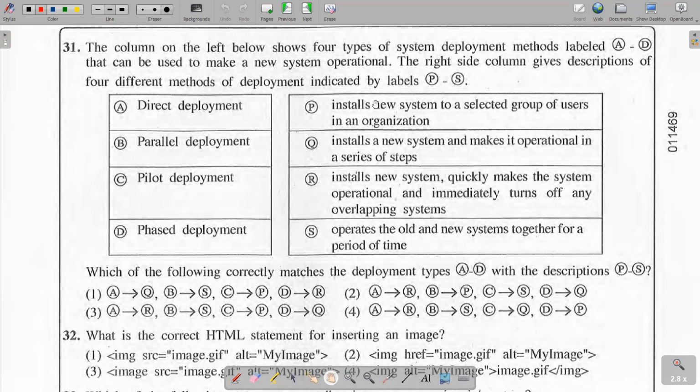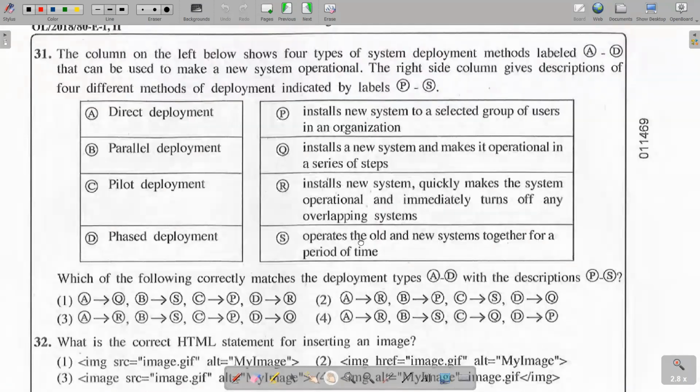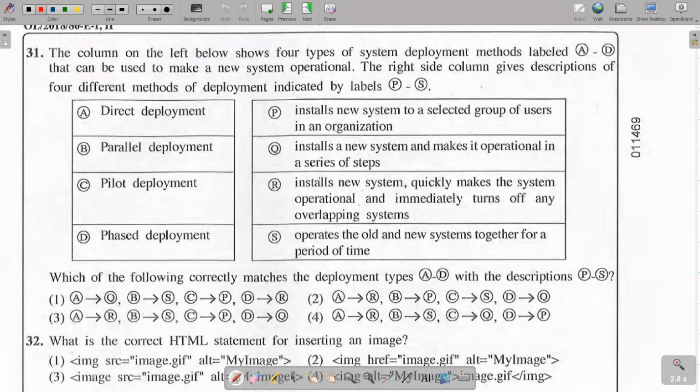Like if you think from the bottom, if it operates the old and new system together, that definitely shows you the parallel deployment. So B comes with S. Pilot deployment installs a new system to a selected group of users in an organization. So this goes with P.